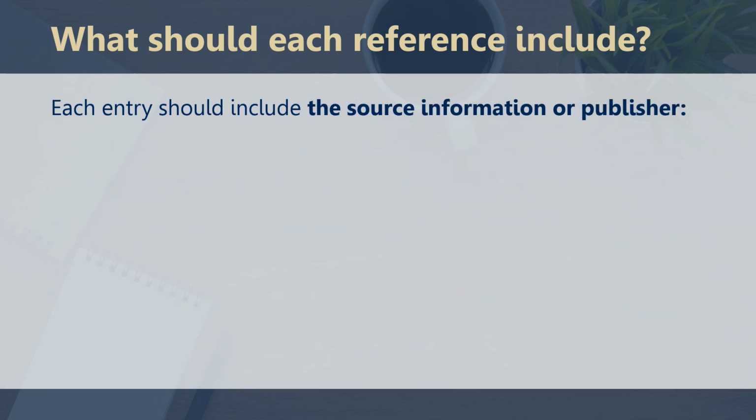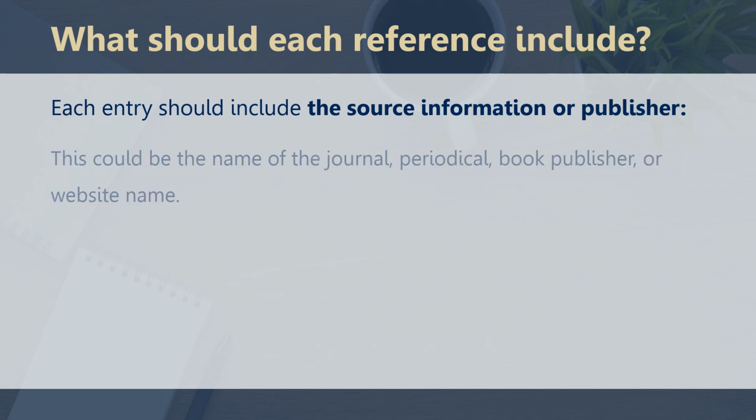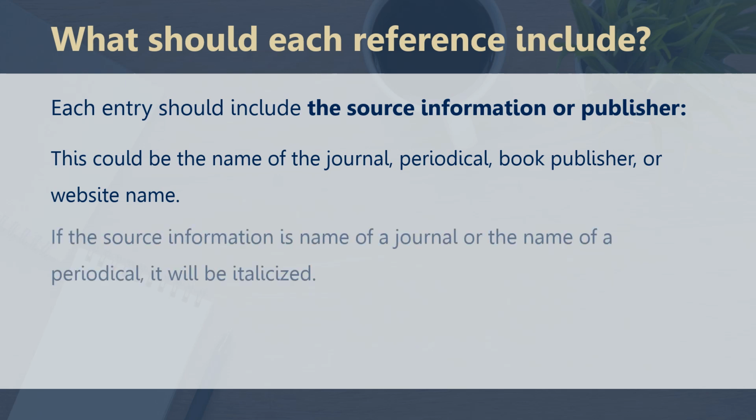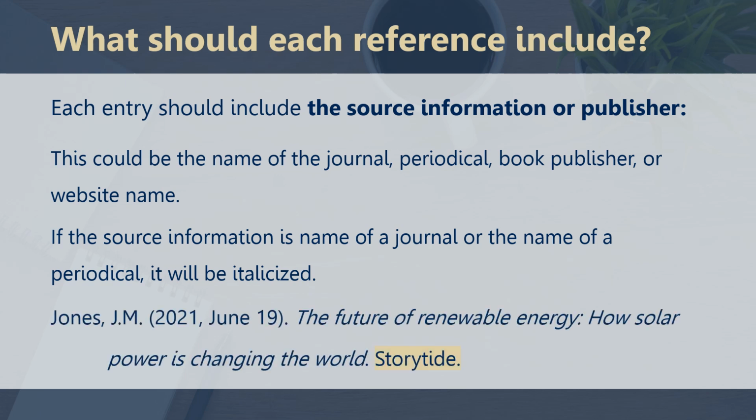Next, format the source information or publisher. This could be the name of the journal, periodical, book publisher, or website name. If the source information is the name of the journal or periodical, it will be italicized. The example shown is a website name.